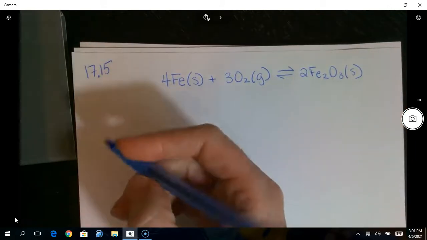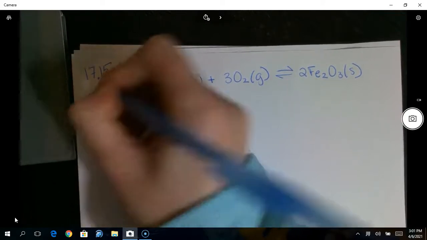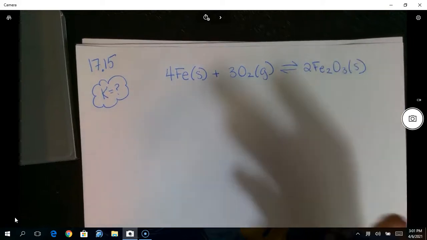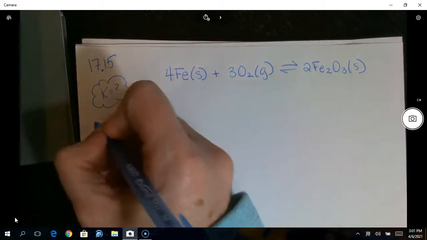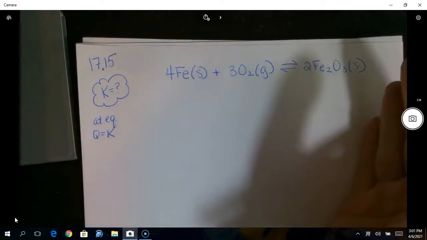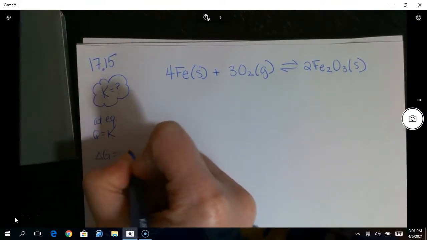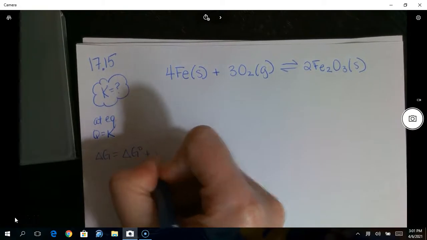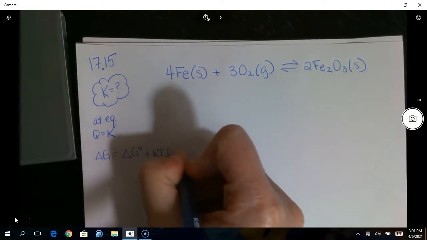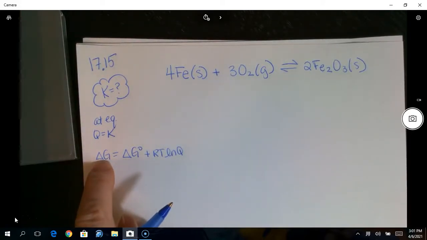And what it wants is the equilibrium constant, so that's K. And you're like, whoa, we've only used Q. But if you remember, at equilibrium, Q equals K. And what we just went over is that we have this condition, plus RT ln Q. When the real change in Gibbs free energy is 0, then we're at equilibrium.